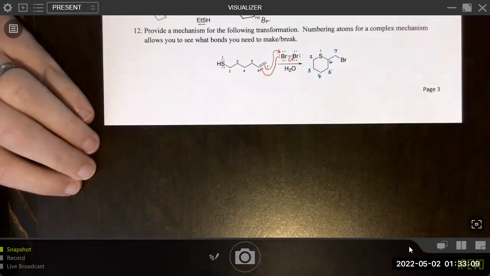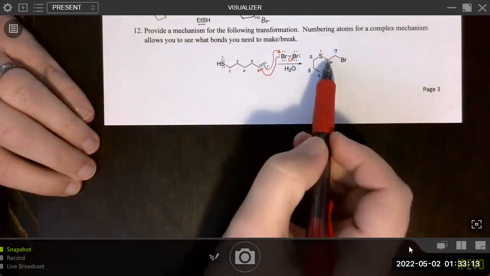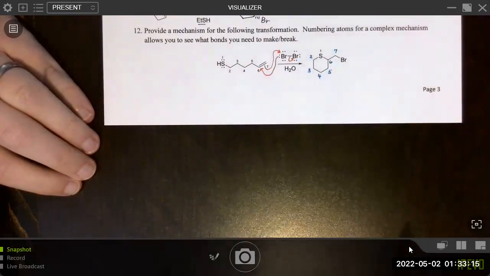And I noticed that they haven't drawn any stereochemistry here. Technically, this is a stereo center, but no stereochemistry. So I'm just not going to worry about it. I'm just going to draw regular lines in this case. So it looks like they don't really care so much about stereochemistry.